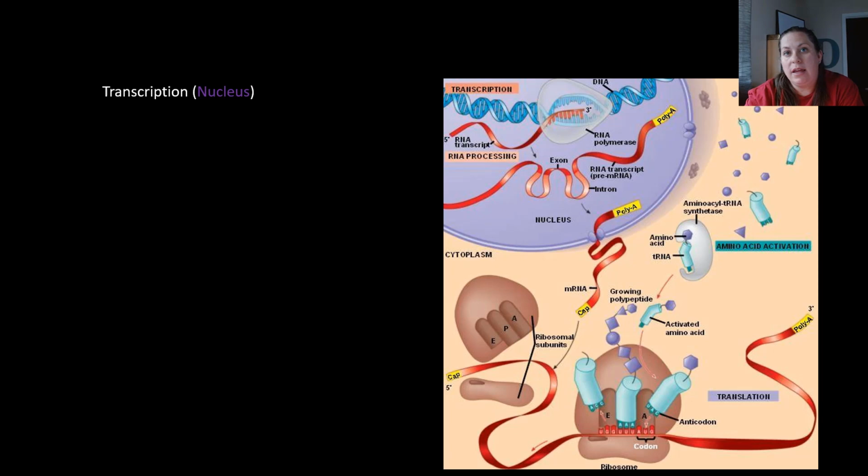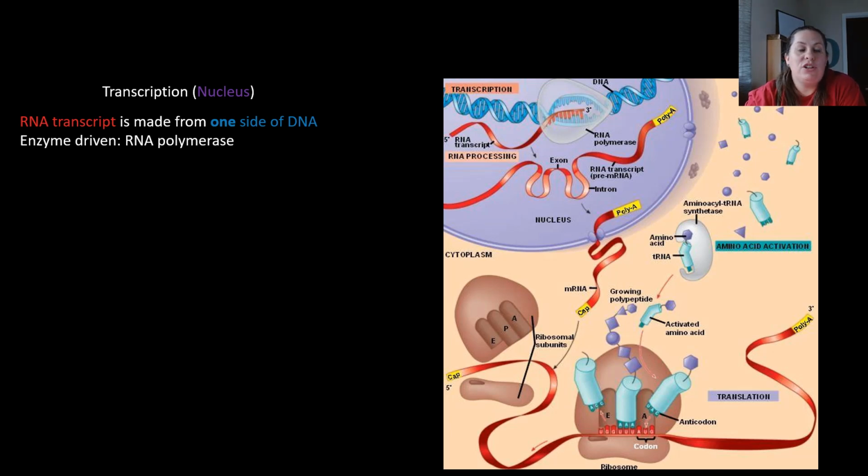So let's talk quickly about transcription first. Now, transcription does take place inside of the nucleus. It's going to use an RNA transcript, and we're going to make it from DNA. So the RNA in red is going to be made from one side of the DNA in blue. This is also enzyme driven, just like DNA replication was.